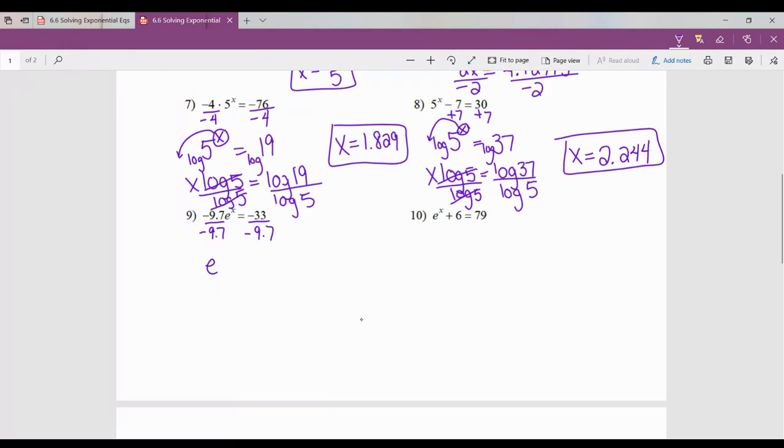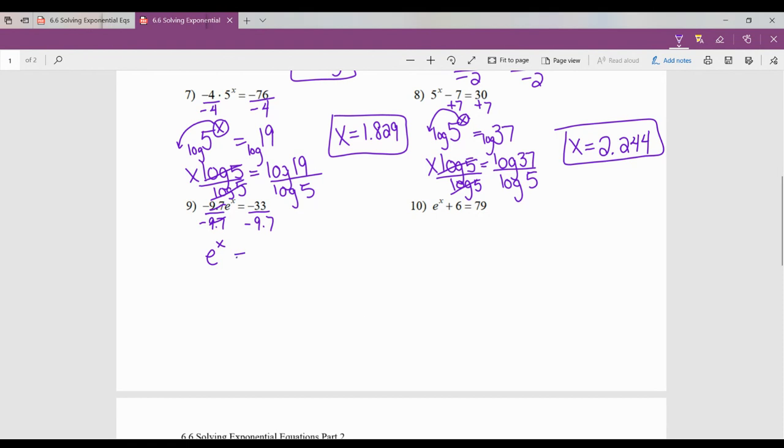So we get e to the x, because the -9.7s are going to cancel out on the left-hand side, equals, and then we do -33 divided by -9.7, and I get 3.40206.